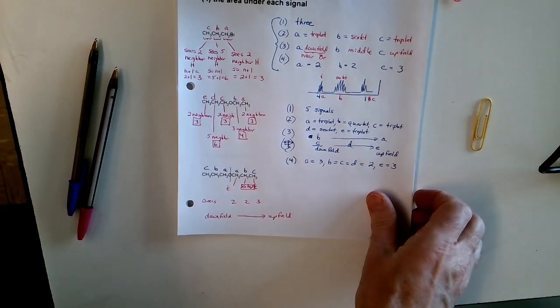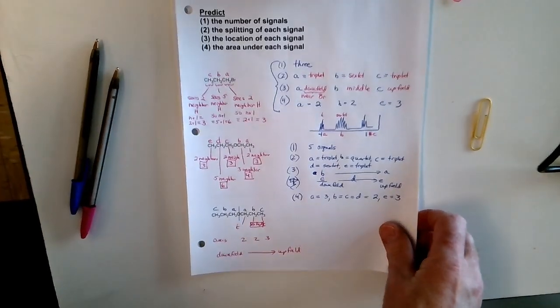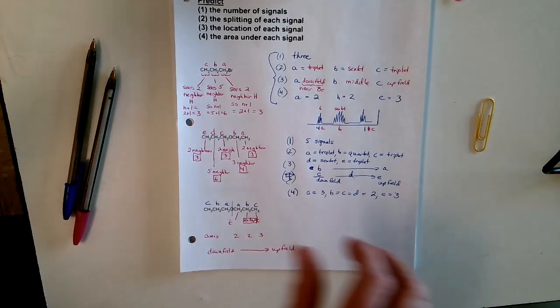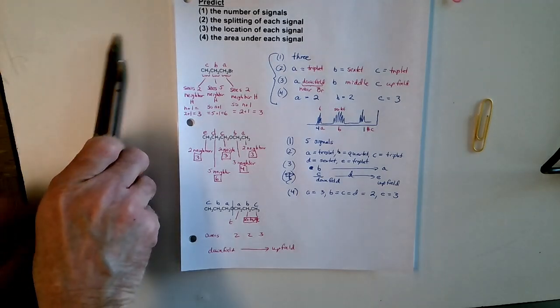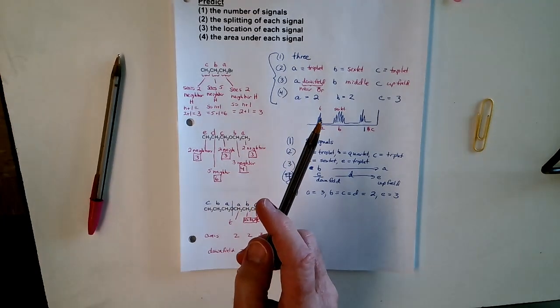Okay, take a look at all of those, all 3 of them, and see what questions come to you after those. Seeing any patterns? You mean the number of neighbor hydrogens?